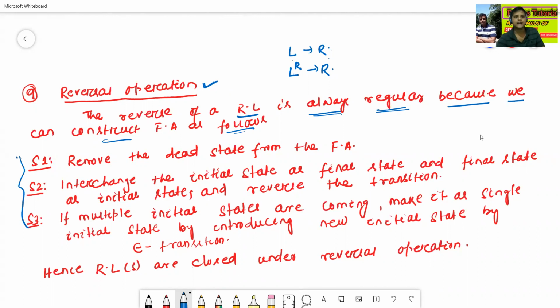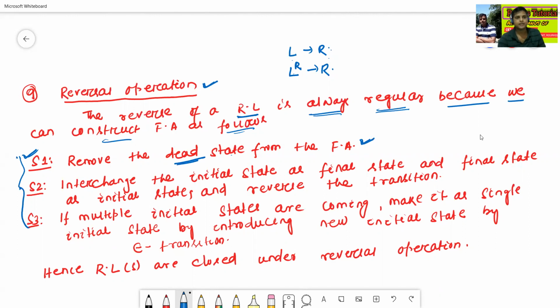The first step of reversal of a finite automata is to remove the dead state, if the finite automata contains one.